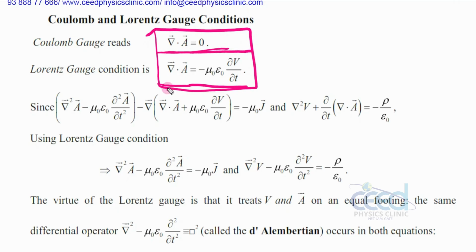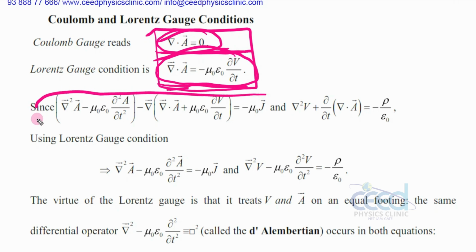What is Coulomb's gauge condition? Coulomb's gauge condition means ∇·A = 0. What is Lorentz gauge condition? ∇·A is equal to minus μ0 ε0 ∂V/∂t. And we derived this equation also last class, right? This is the equation connecting the scalar potential and vector potential.